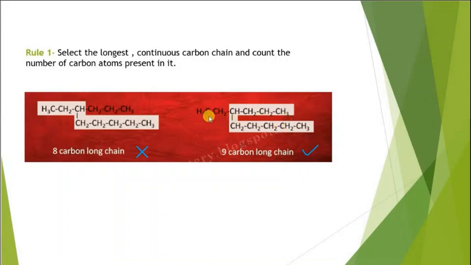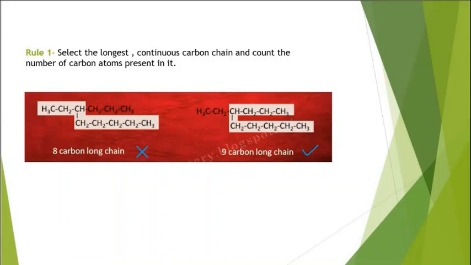The straight chain had only 6 carbon atoms and the other chain had 8 carbon atoms. So these two numberings are not correct. This is the correct numbering where the maximum number of carbon atoms, that is 9 carbon atoms, are included in this chain. Now these two carbon atoms will be considered as substituents.